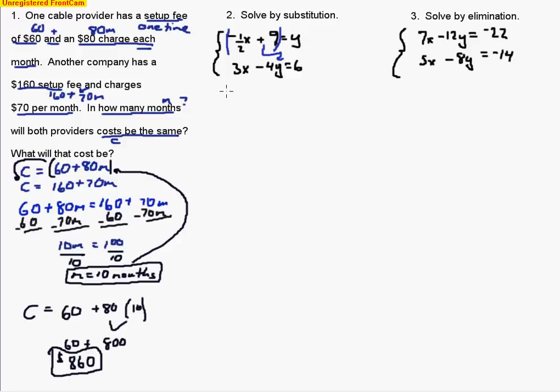So let's rewrite what we've got. We've got 3x minus 4. Now make sure you put in parentheses the expression, negative 1/2 x plus 9. And this all equals 6 at the end. So we go ahead and do some simplifying. We have to distribute the negative 4 over those terms.